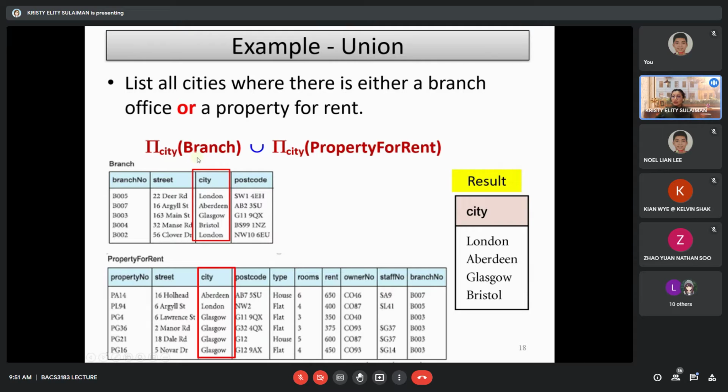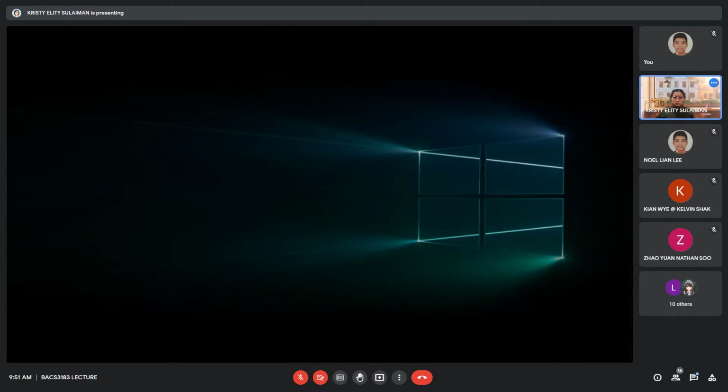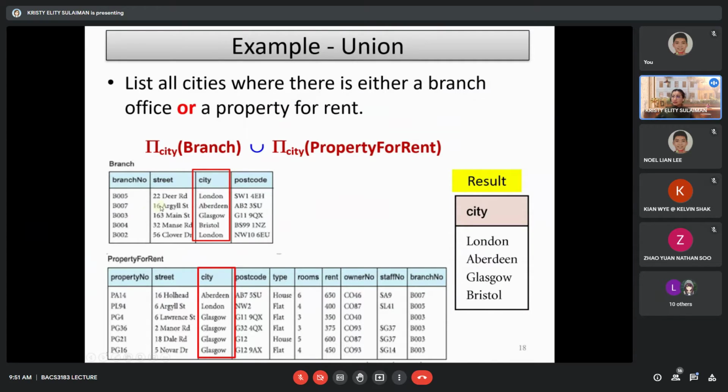So we have looked at union. Here I repeat for this example. We want to produce a result where it lists all the cities where there is either a branch office or a property for rent. So we use projection to get the city.